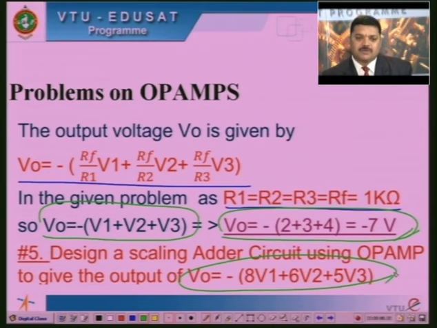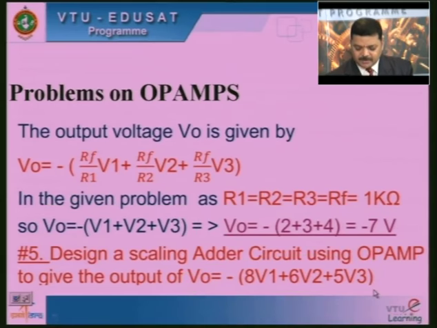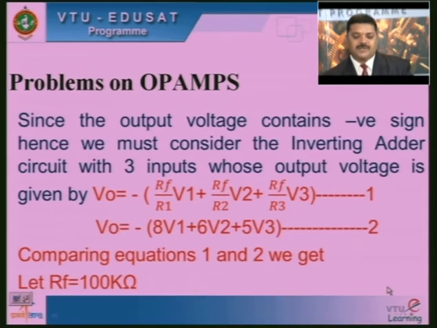They have given this output voltage for a given circuit. Design the circuit. When they give design the adder circuit, it means we need to find out what is the value of R1, what is the value of R2, what is the value of R3 and what is the value of Rf. So, this is the problem.